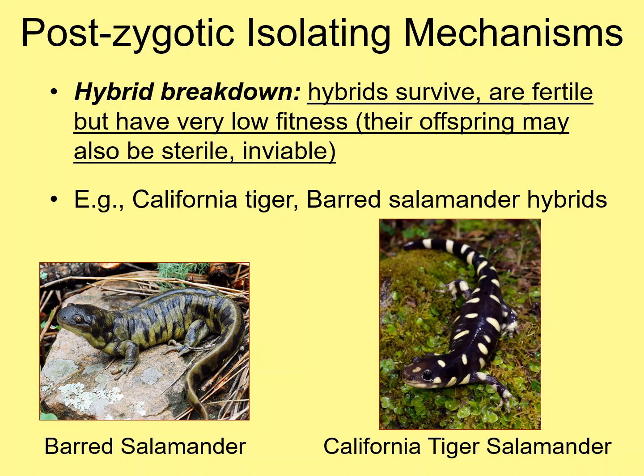So for example, we have two different salamanders in California that can interbreed and form hybrids that do survive and are fertile but have very lousy fitness. And these are the California tiger salamander.